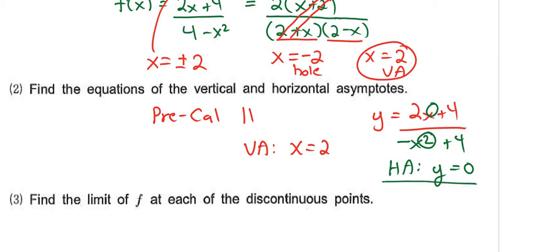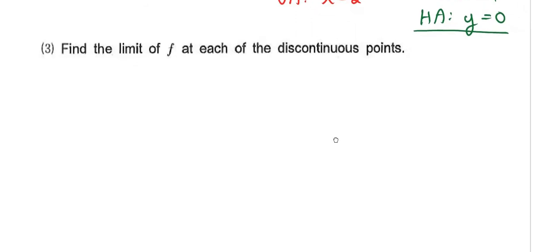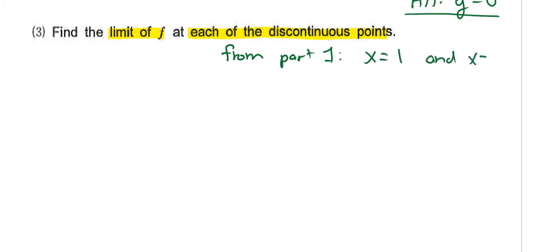All right, let's move on to question number 3 now. For question 3, find the limit of f at each discontinuous point. So going back to part 1, our discontinuous points were x equals 1 and x equals, not 1, sorry about that, it was actually 2 and negative 2.